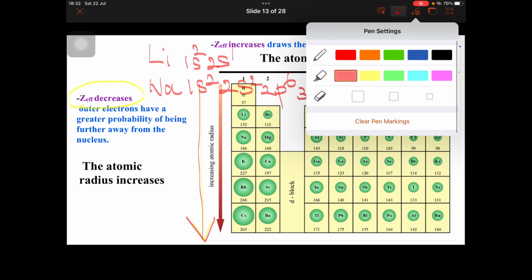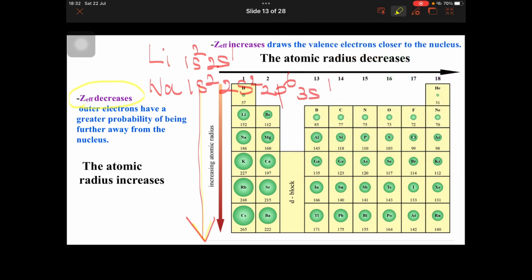So for lithium, 1s2 are the only electrons which impart the shielding effect, whereas for sodium, 1s2, 2s2 and 2p6, all these electrons impart the shielding effect, or they tend to repel these 3s1 outermost electrons. So the attraction of this valence electron down the group decreases.